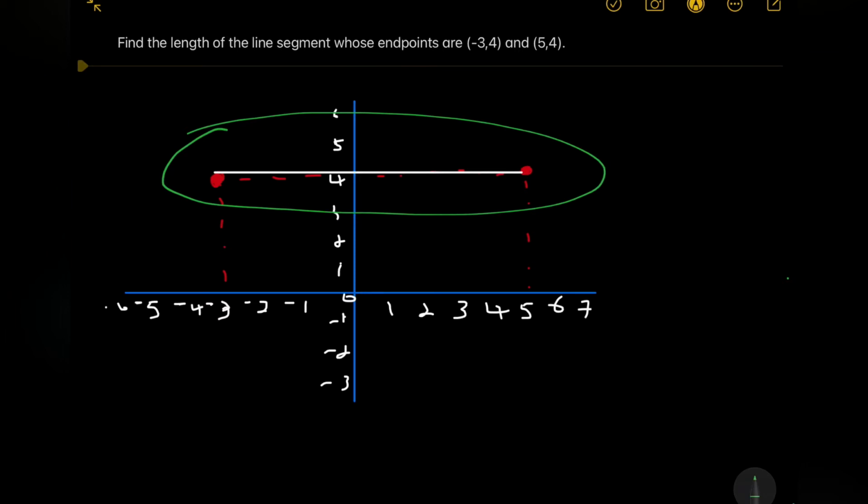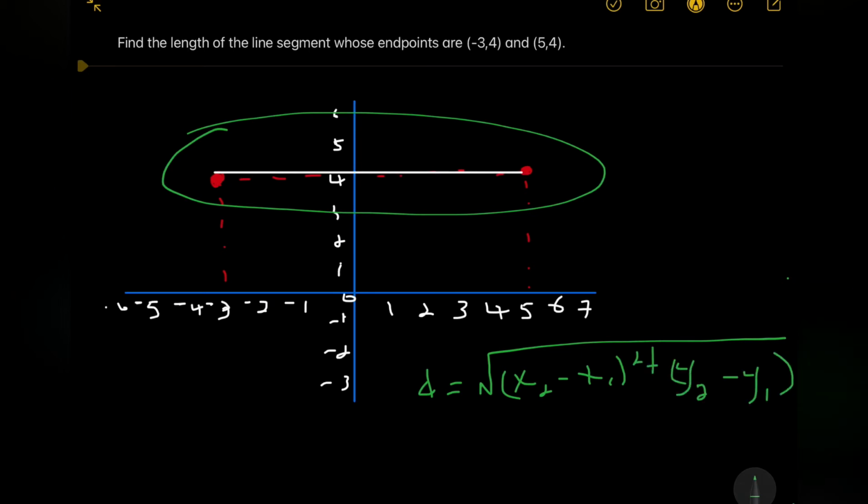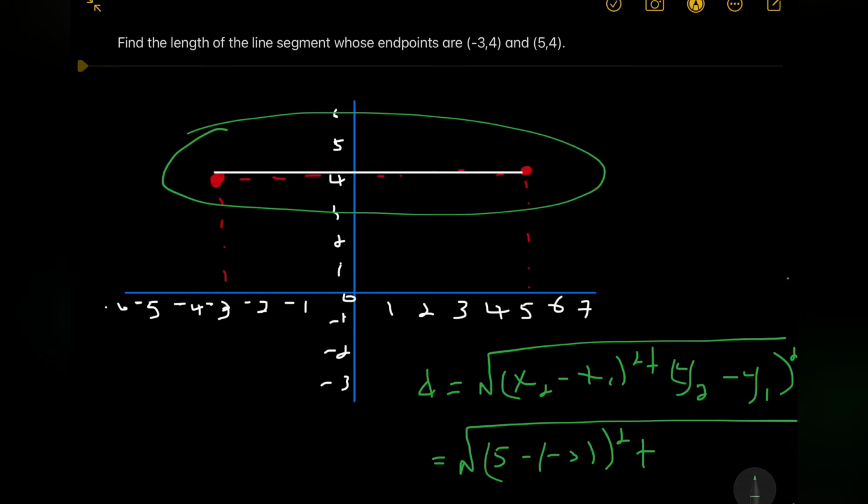So remember from the formula, D is equal to the square root of x2 minus x1 squared plus y2 minus y1 squared. So our x2 is 5 minus our x1, which is negative 3. All of this is squared, plus our y1, which is 4, minus our y2, which is also 4. All of that is squared.